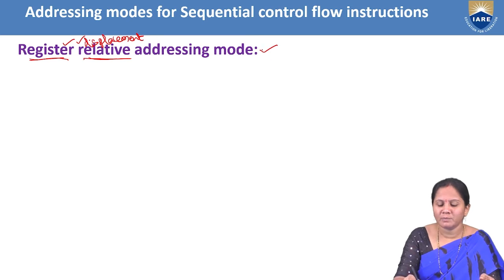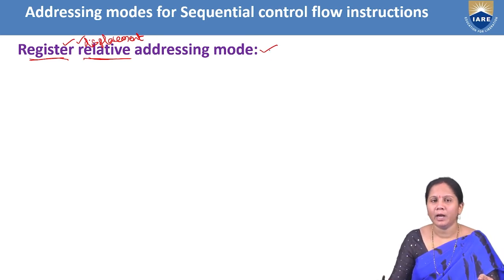Register along with the displacement will be specified as a part of an instruction. From that register and displacement, we get the offset address, and we have to consider the segment address in order to calculate the effective address.